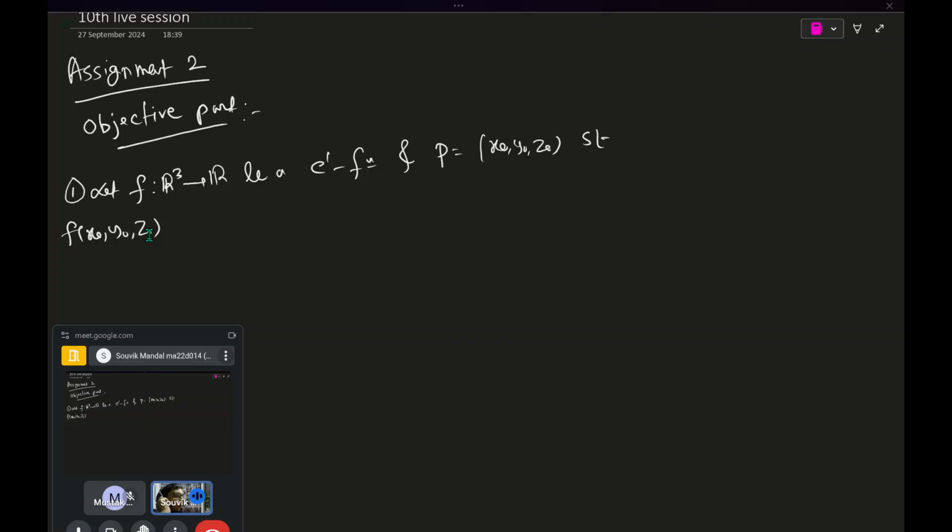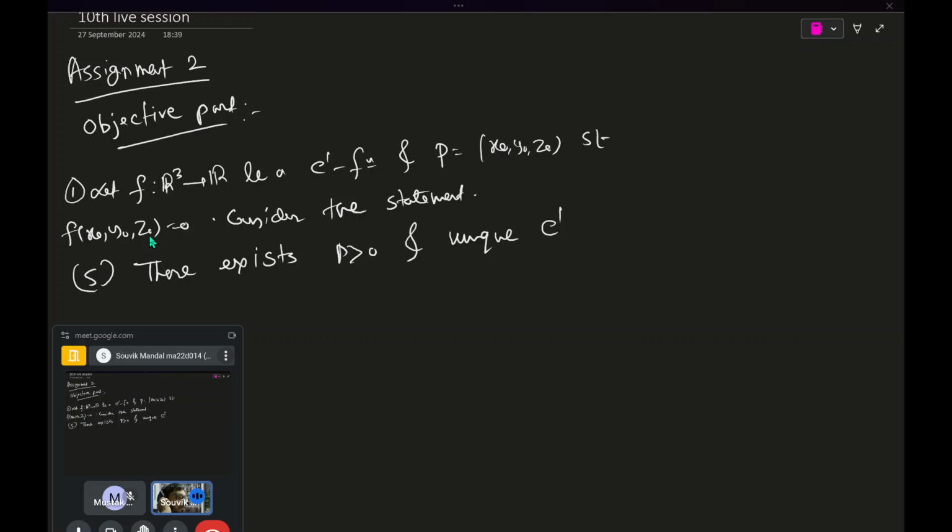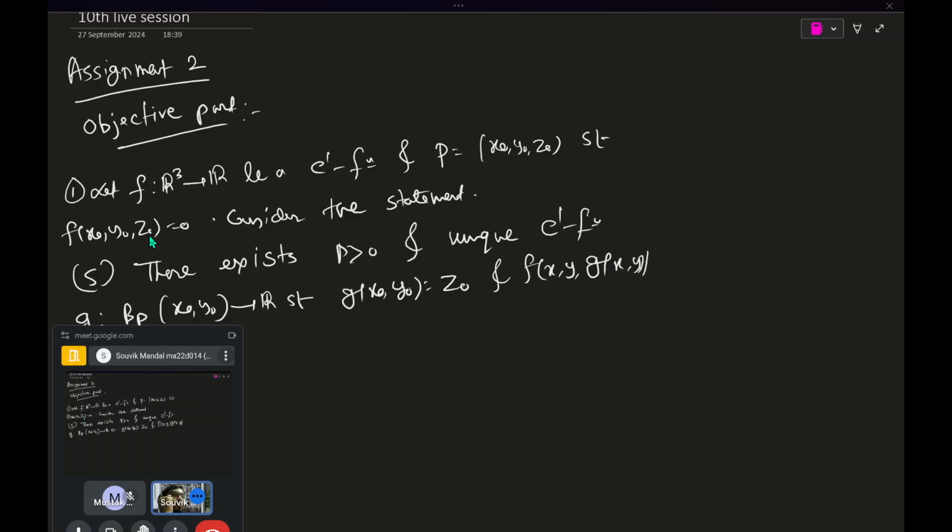Then consider the statement S: there exists ρ greater than 0 and a unique C1 function g from the ball B around (x0, y0) to R such that g of (x0, y0) is z0 and f of x, y, g of x, y is equal to 0.